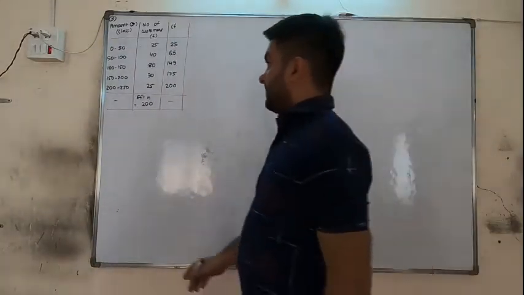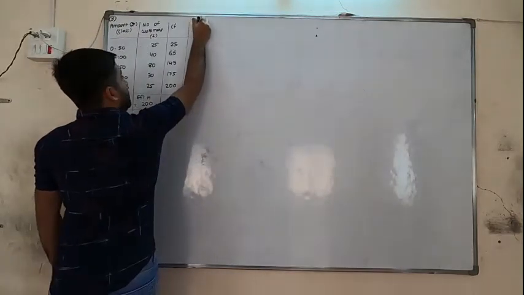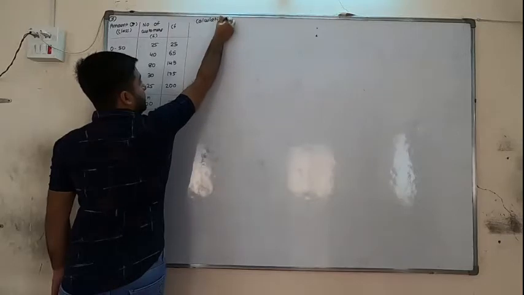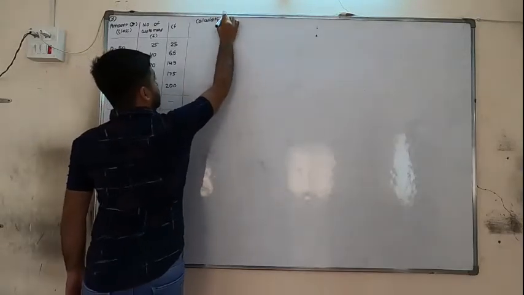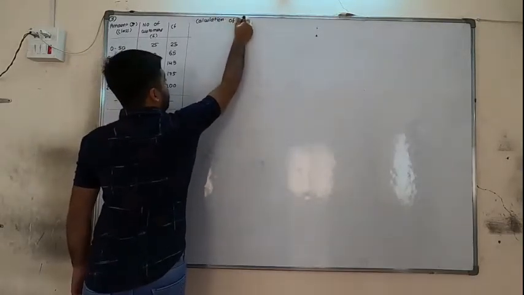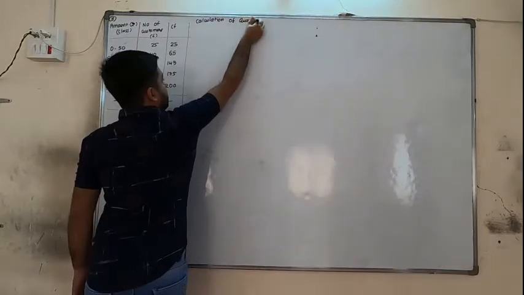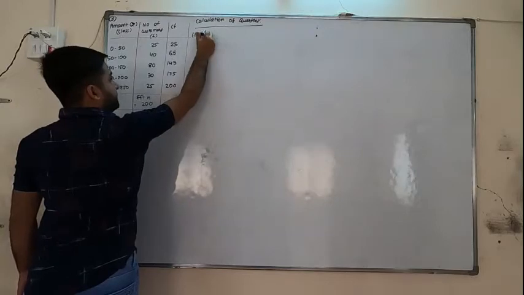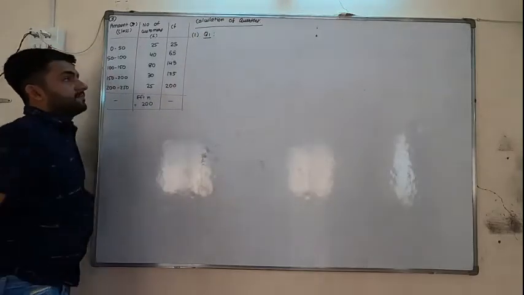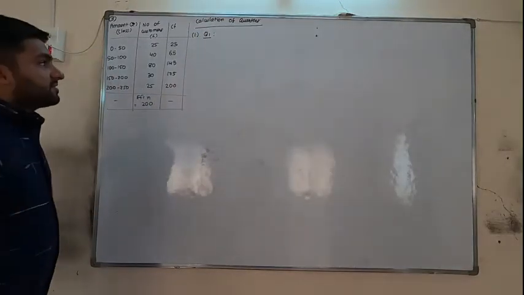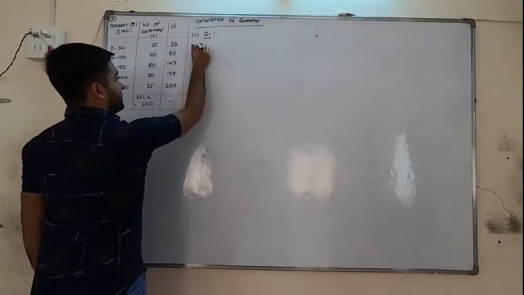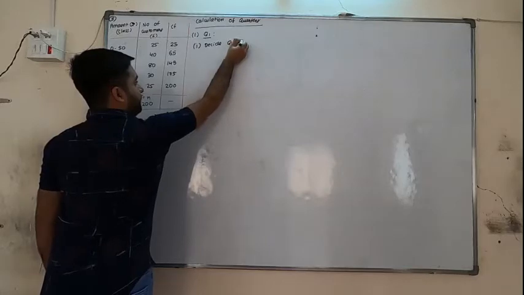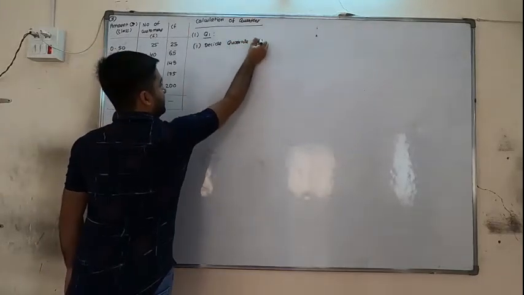Now let's start the calculation. I am starting from here itself, because calculating quartiles will be a little bit lengthy. Calculation of quartiles. Number 1, Q1. Because here it requires steps personally. In the first step, decide the quartile class.